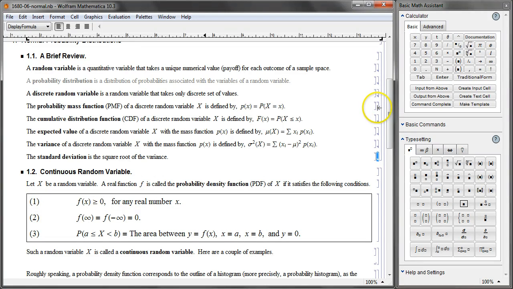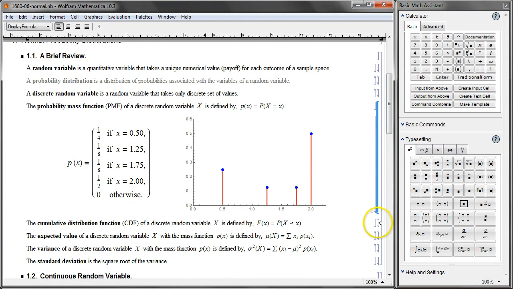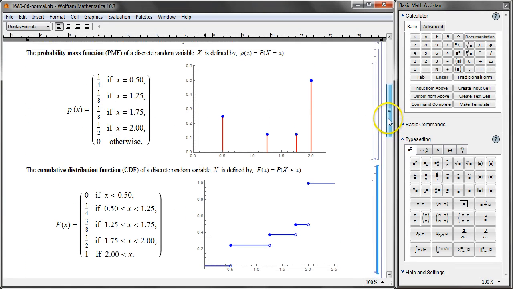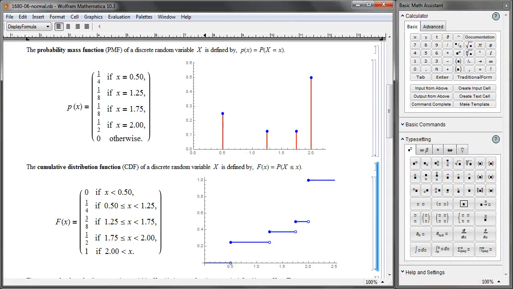Okay, let's go back to PMF and CDF, and let me ask you this question. What if you have not just 1, 2, 3, 4 x values for this PMF? What if you have hundreds of x values? Even worse, thousands of x values. Then the full probability 1 will have to be shared by those hundreds, maybe thousands of different x values.